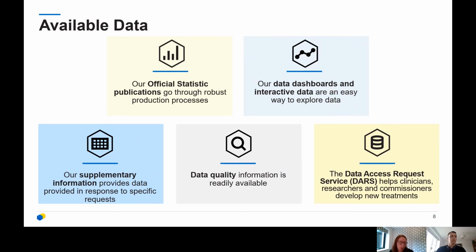In order to help all users, including yourselves, make better and more intelligent use of data, we do a lot of analysis on data quality, and we make that information available as well. And then if the publicly available data does not suit individuals' needs, we have a data access request service where clinicians, researchers and commissioners can request aggregate record level data in order to do their own analysis to help improve health and social care.